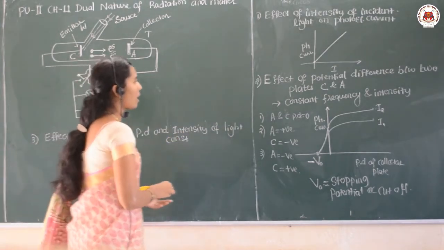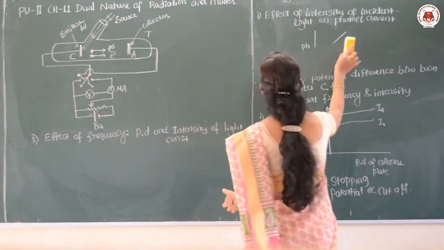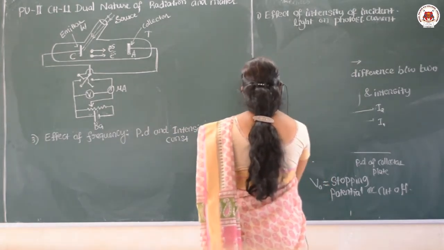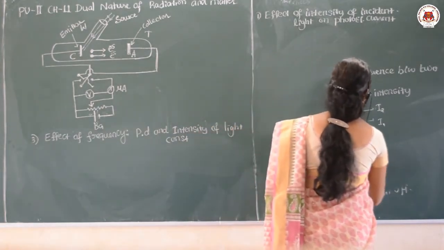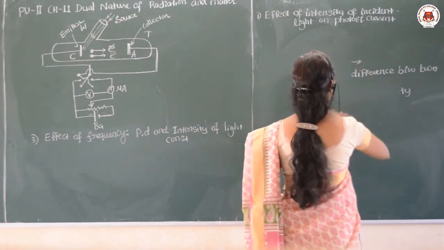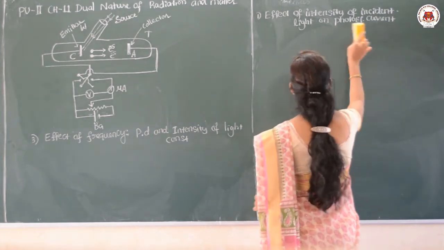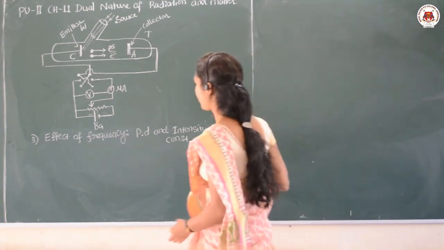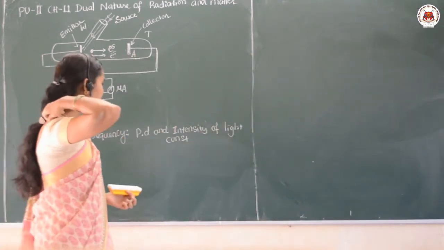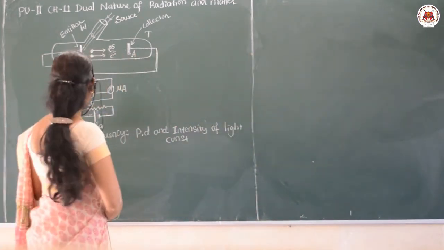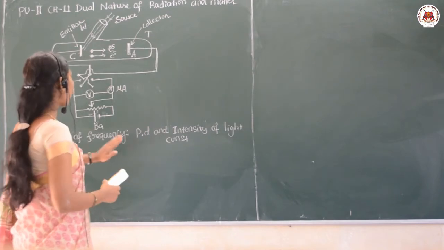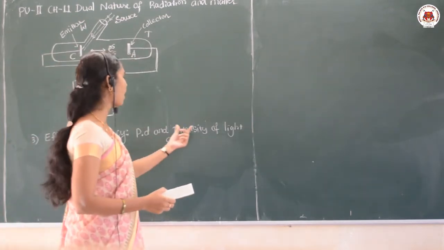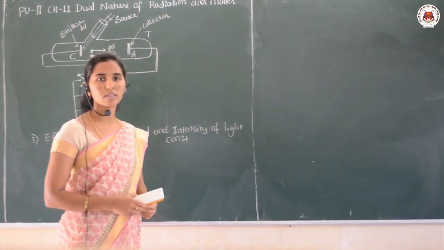Here also we will study one graph. That graph explains how the frequency is related to the photocurrent and how that is also related to the stopping potential, right. The next factor where we discuss the effect of the frequency by keeping the potential difference and the intensity of the light constant.